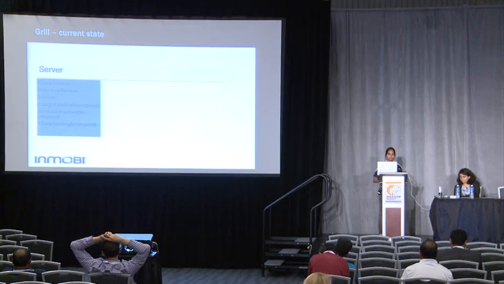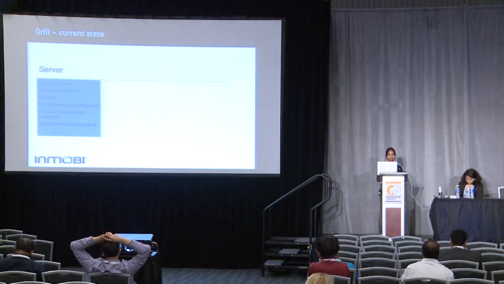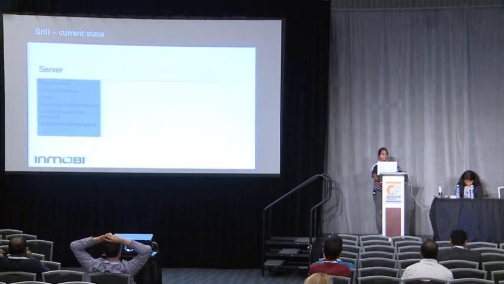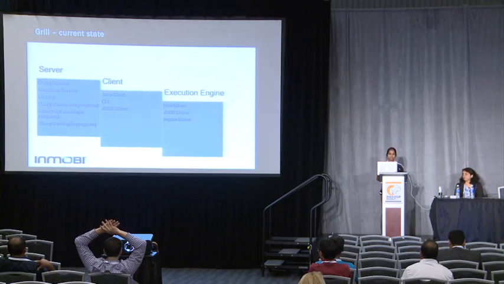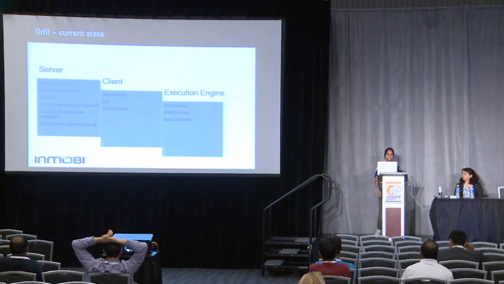Then scheduled queries, where you want to schedule them on the first of the week. And then query caching: if the same query comes, return the results immediately. Those are in progress and should be complete within a month. On the client side, we have the Java client, CLI, and JDBC client ready. And from the execution engine side, we have the Hive driver, JDBC driver, and Impala driver ready.